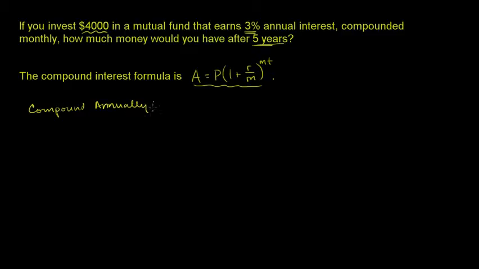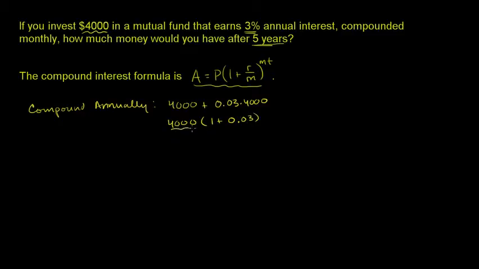So you're going to start with $4,000, and then after 1 year you're going to get 3% of $4,000. So 0.03 times $4,000. This is after 1 year. This is the same thing as $4,000 times, if you factor out the 4,000, 1 plus 0.03.